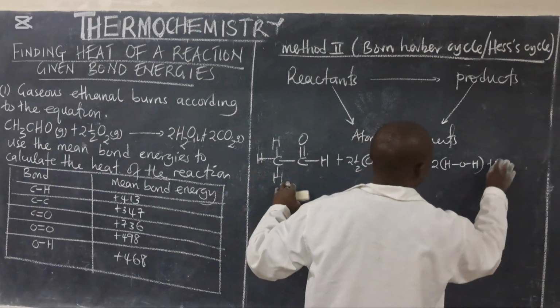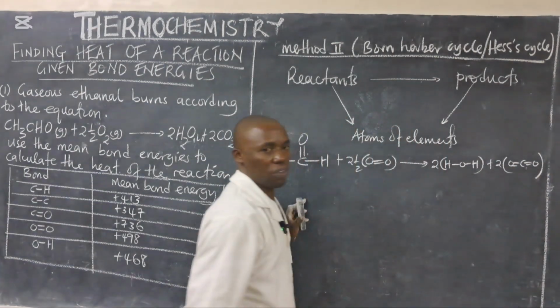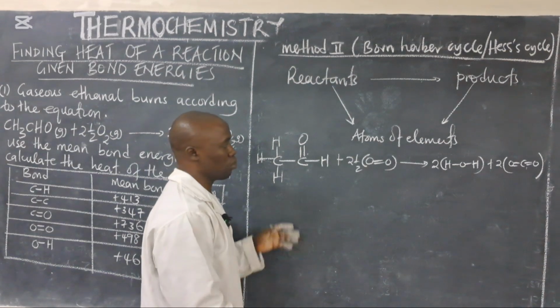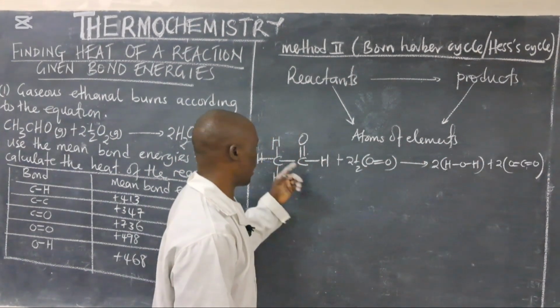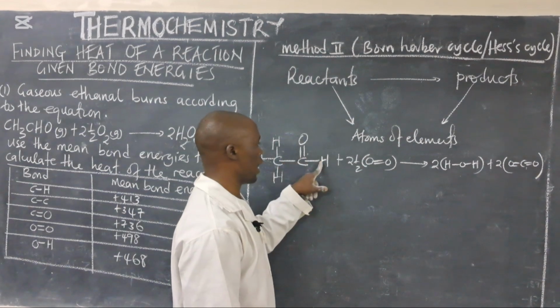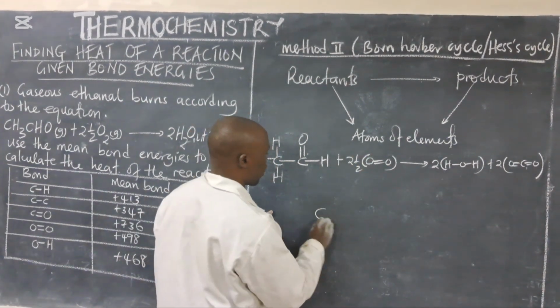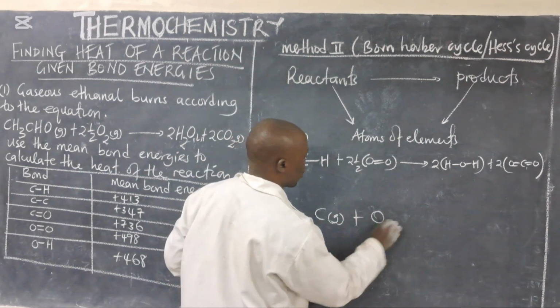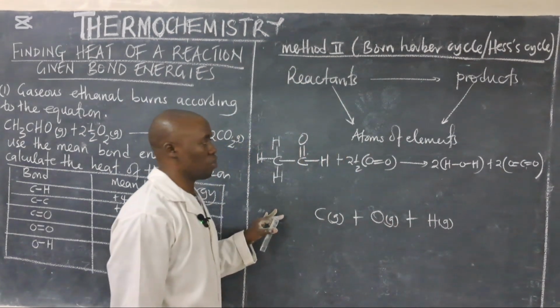Then there is this, the bond shown there. So it lists the atoms present in all these molecules. I can see carbon, oxygen, hydrogen, oxygen, carbon, oxygen, hydrogen. So I have carbon gaseous, oxygen gaseous, hydrogen gaseous. So let's try to balance them.